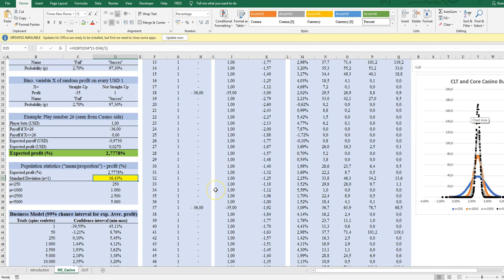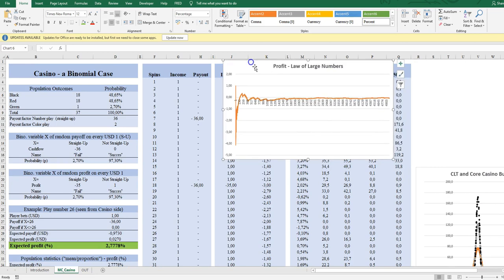A much more important measure is the central limit theorem, that states that this movement is governed by a functional relationship.